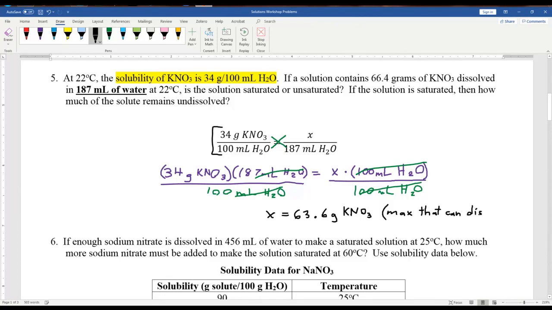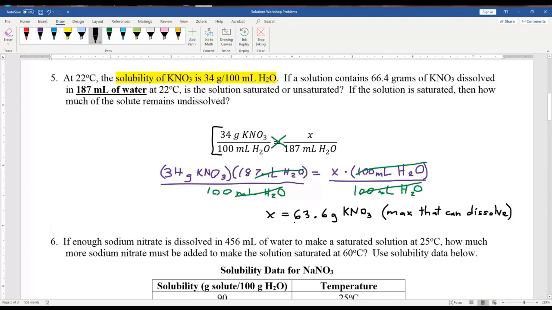If that's the case, is the solution saturated, unsaturated, or supersaturated? Or rather, is it saturated or unsaturated? That's right, your course does not deal with supersaturated.